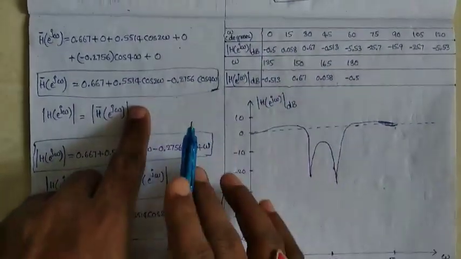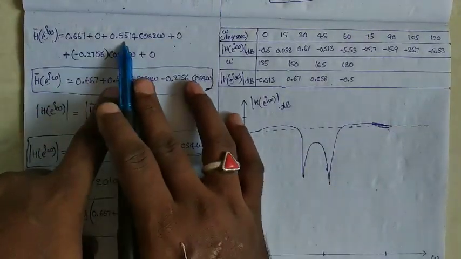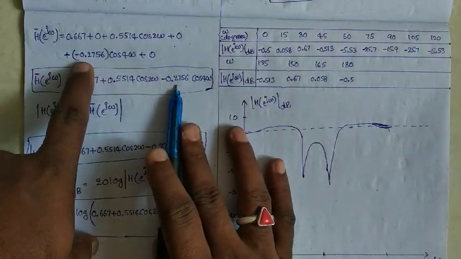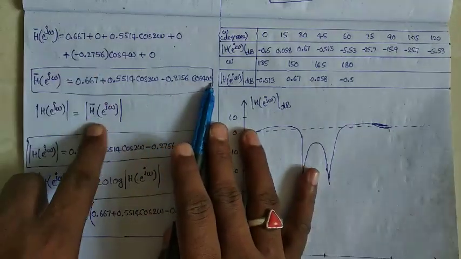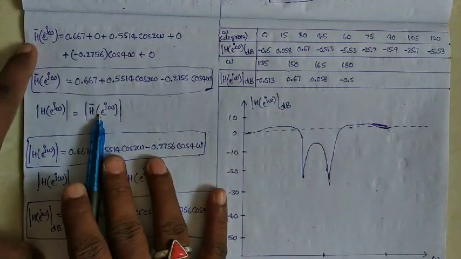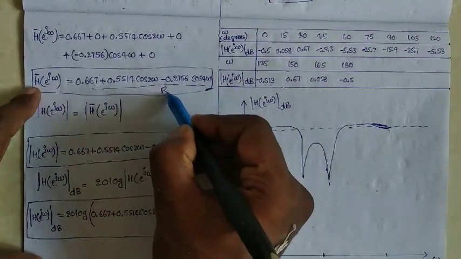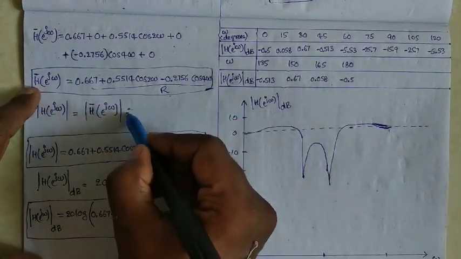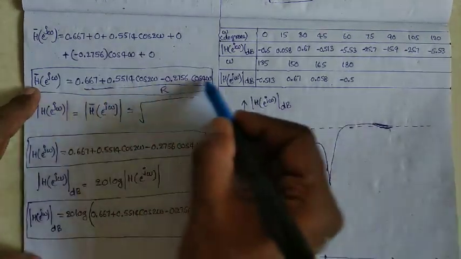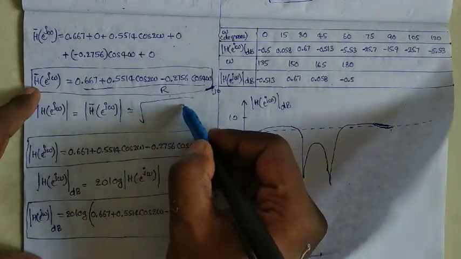Here h bar of e power j omega is equal to 0.667 plus 0.5514 cos 2 omega plus minus 0.2756 cos 4 omega. Here the magnitude of h of e power j omega is equal to what? Mod of h bar of e power j omega. Let us consider this value as R. The magnitude of h bar of e power j omega is the square root of real part square plus imaginary part square.